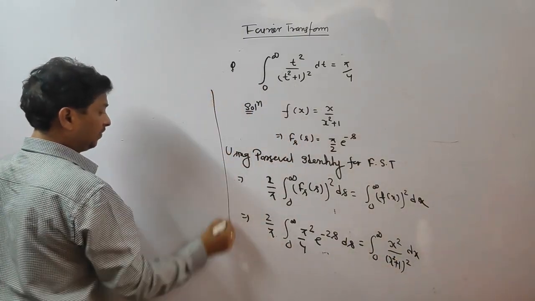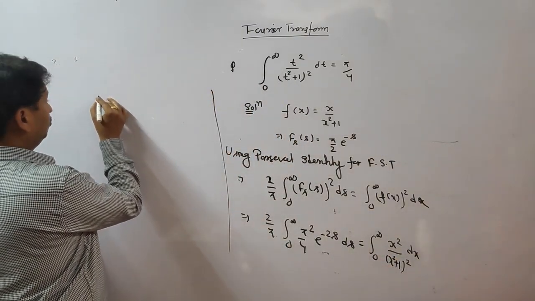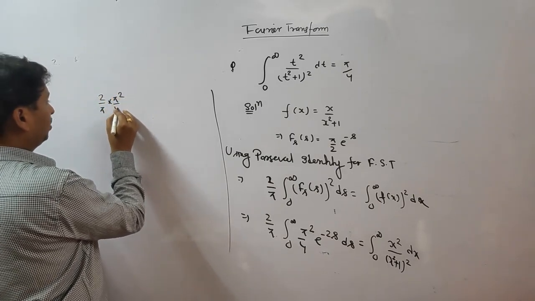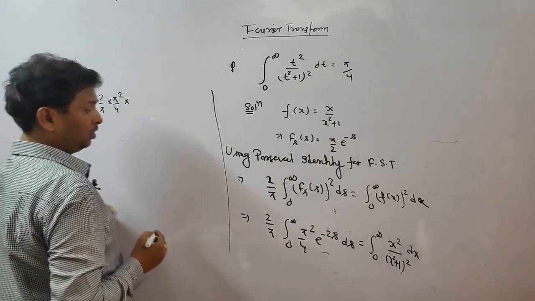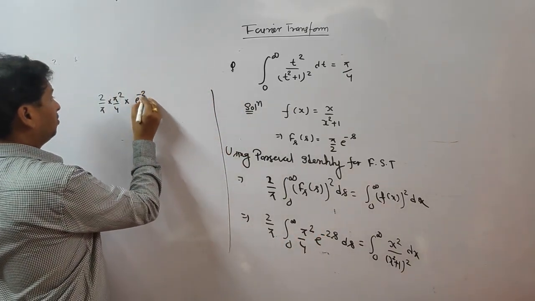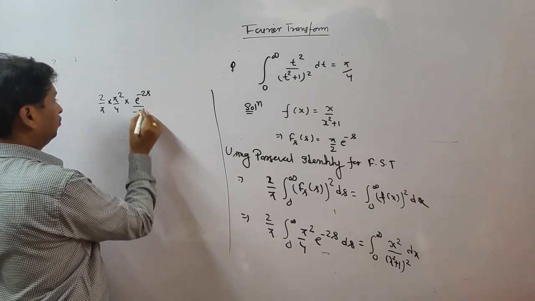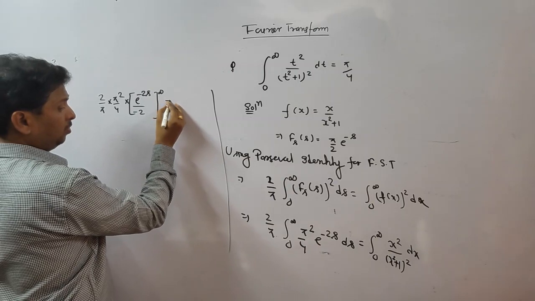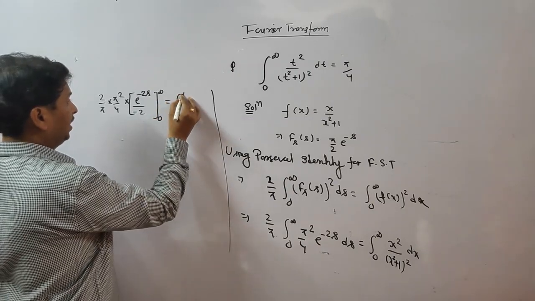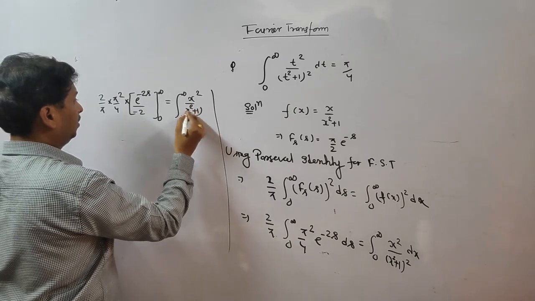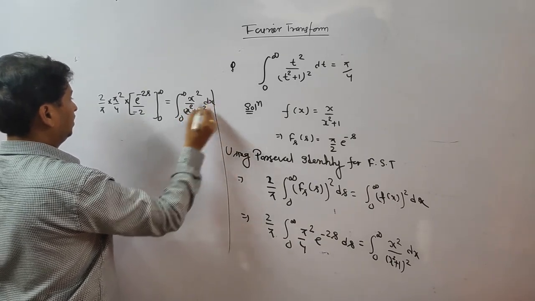So what is the left hand side value? 2 upon pi, take pi square by 4 outside. What is the integral value? Integral of e to the power minus 2s is e to the power minus 2s upon minus 2. And what is the limit? Limit is 0 to infinity. What is the right hand side? Integral 0 to infinity x square upon (x square plus 1) whole square dx.